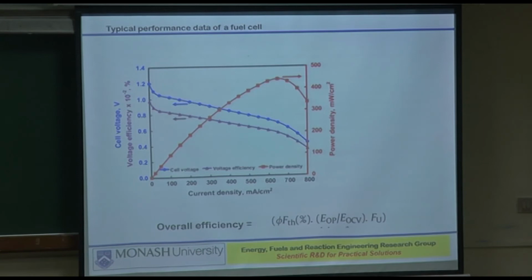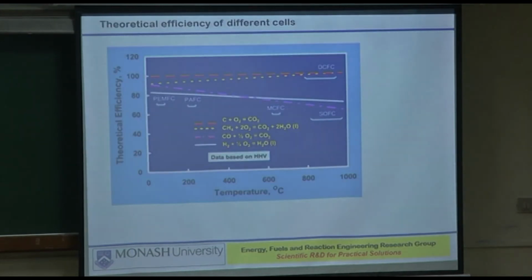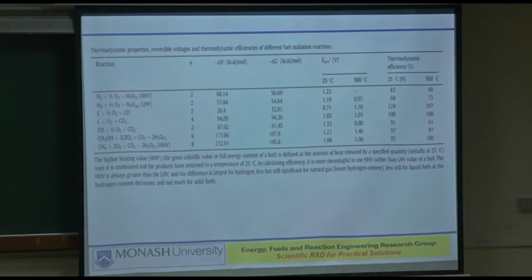So we have just one slide on the different types of fuels, but essentially the fuels will be what are in here. So hydrogen, the gaseous fuels are predominantly hydrogen, because if you can get clean hydrogen, then you can do everything.